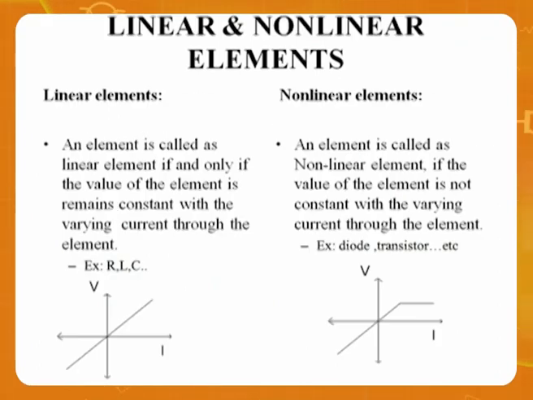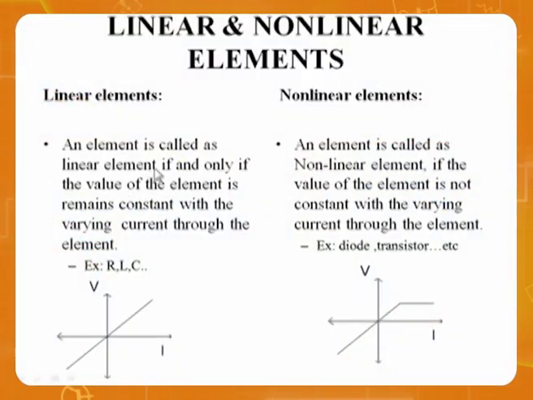Then linear and non-linear. Linear means a very simple definition. An element is called a linear element if and only if the value of the element remains constant with varying current through the element. Very simple. I'll give you an example. Take for example a 10 ohm resistor. Send 1 ampere.